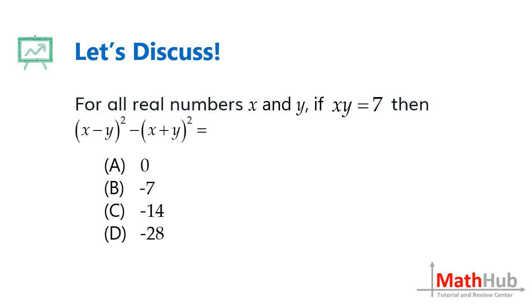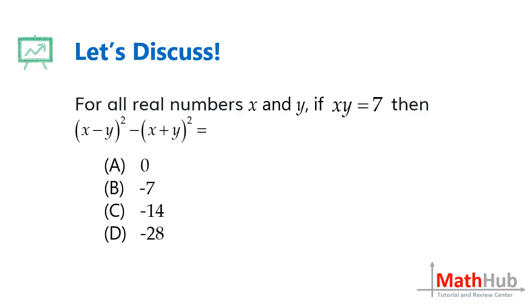Let's look at this example. We're given that xy equals 7. We want to look for the square of x minus y minus the square of x plus y. Take note that we do not know the values of x and y. Actually, we will never be able to get the values of x and y, because if you need to look for the values of two variables, you need two equations.